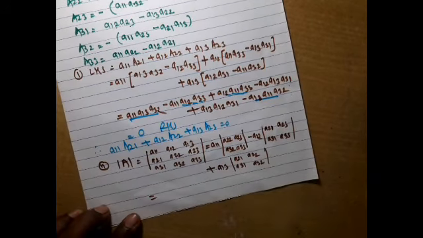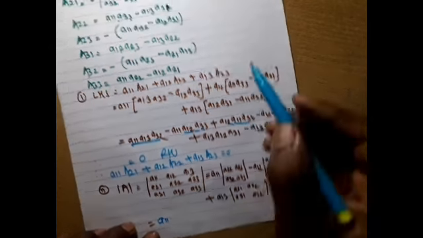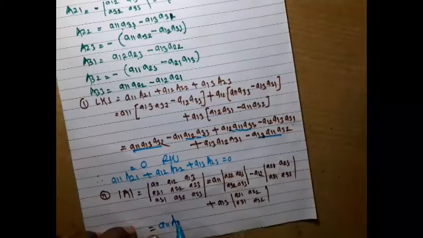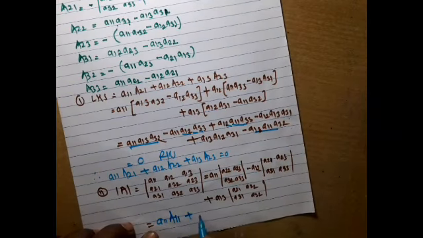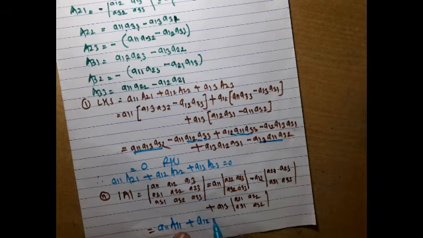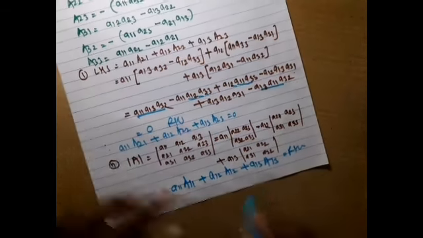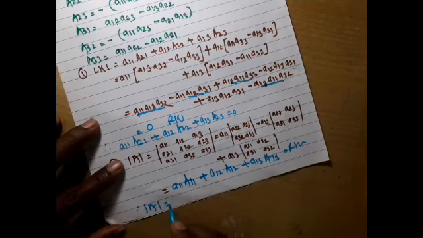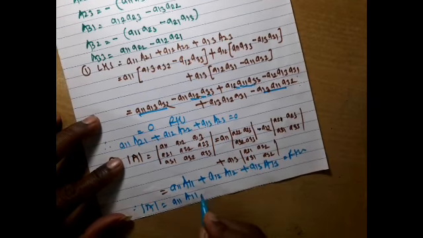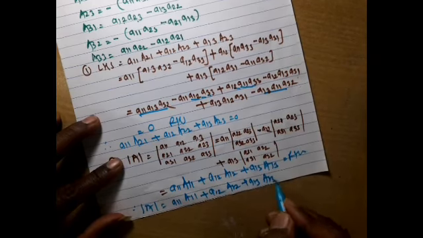And this is nothing but, by the above expansion, a11 A11, plus, because it is minus sign and this is minus sign, minus minus becomes plus, a12 A12 plus a13 A13. This is the RHS, and therefore determinant of A is a11 A11 plus a12 A12 plus a13 A13.